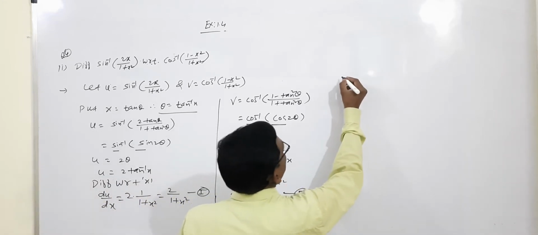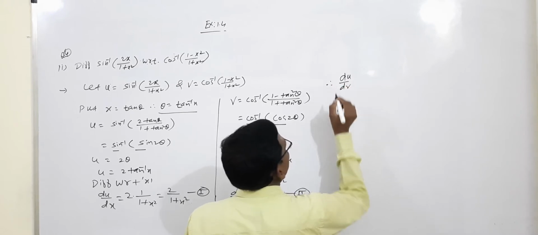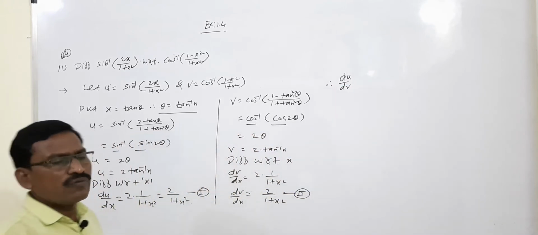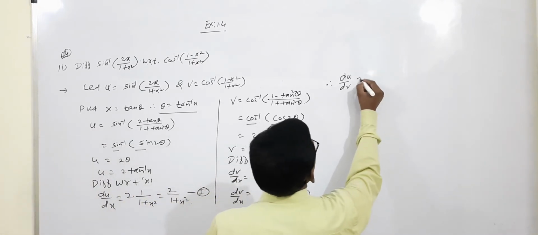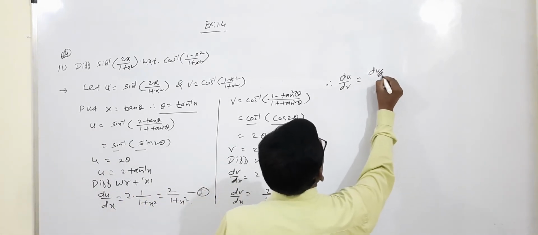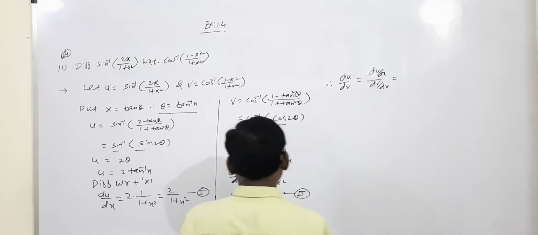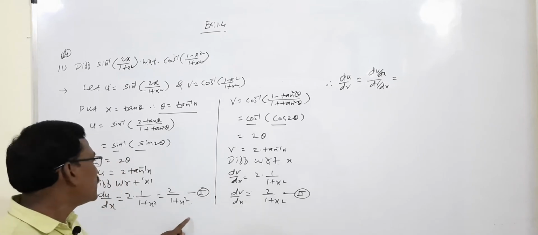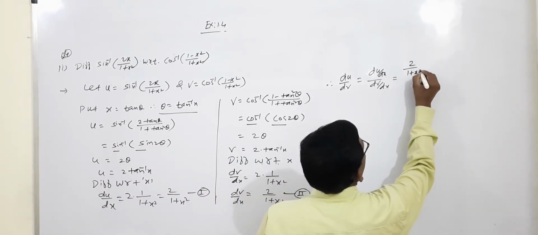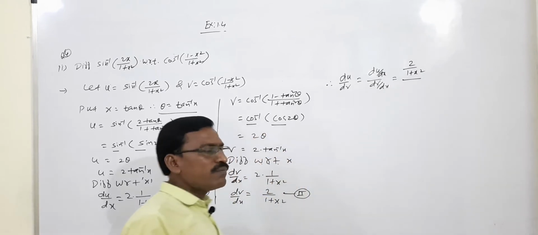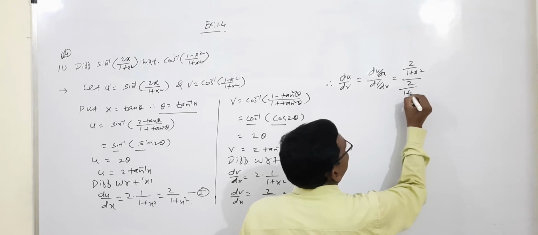Now the derivative of u with respect to v is equal to du by dx divided by dv by dx. From 1 and 2, du by dx is 2 upon 1 plus x square, divided by dv by dx from 2, which is also 2 by 1 plus x square.